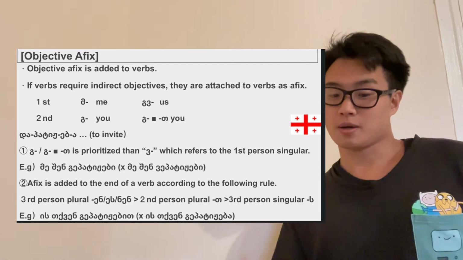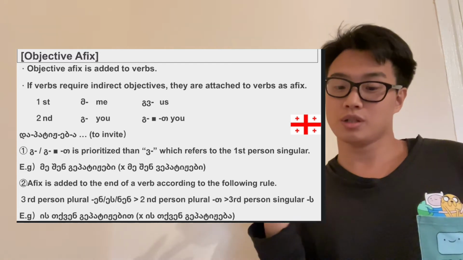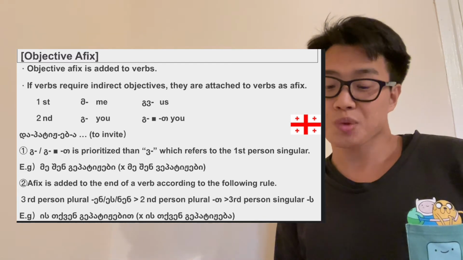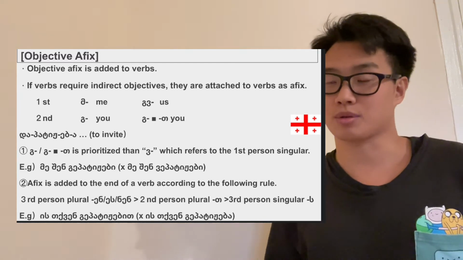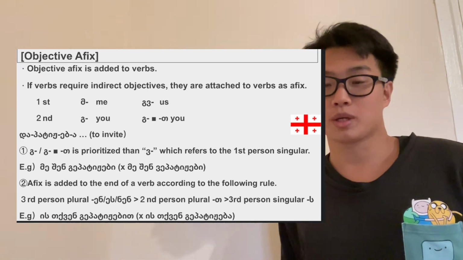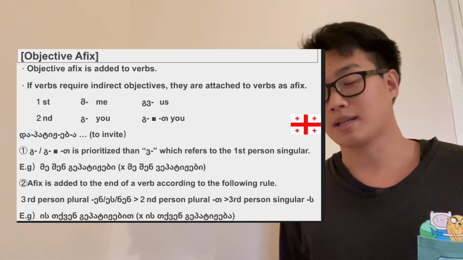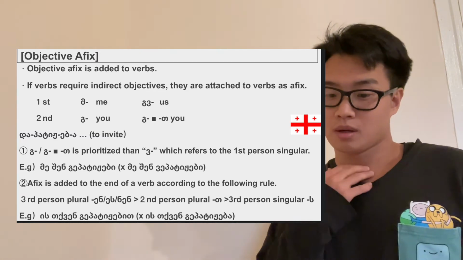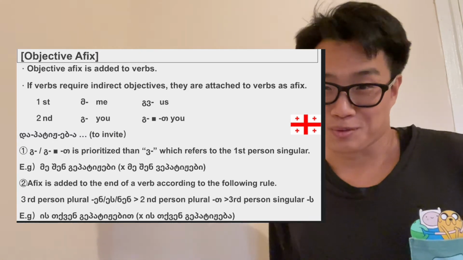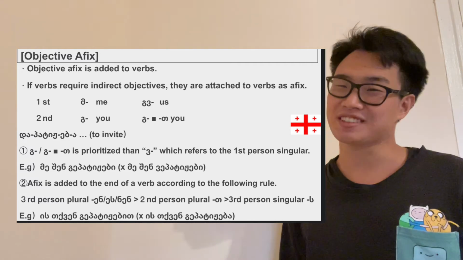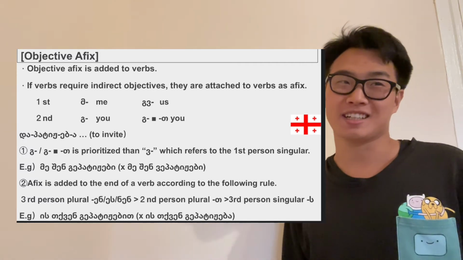So, for example, is, he or she, tkven, ge patijebt. This is the grammatically correct form, and we cannot say is, tkven, ge patijeba. I know it's kind of hard, right? I find it kind of complicated.